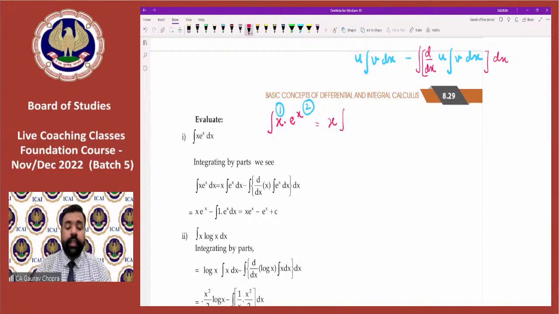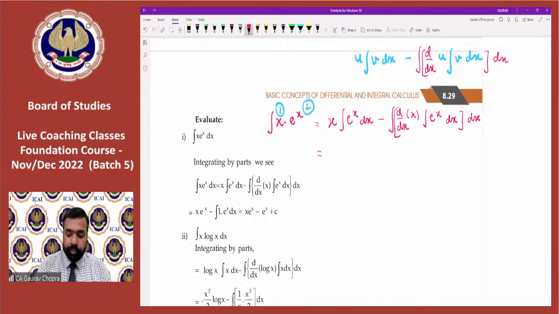Then integration of e to the power of x dx minus integration, d by dx of u, now again write integration of e to the power of x dx, bracket close and then again dx.